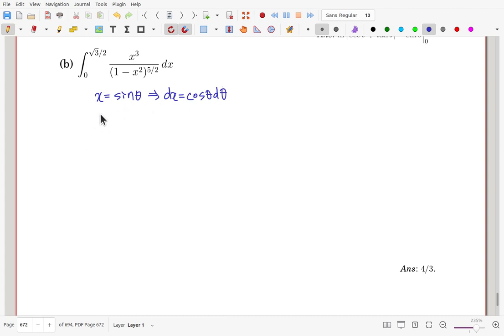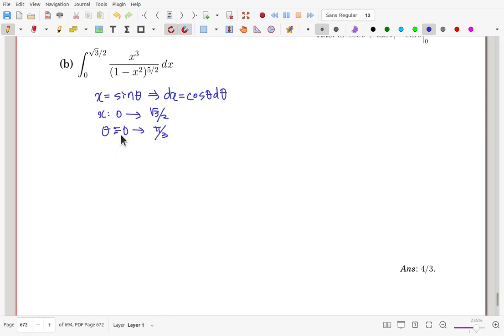And then x is moving from 0 to square root of 3 over 2. Then theta must be 0 to, that is sine theta is square root of 3 over 2, which is theta is pi over 3.